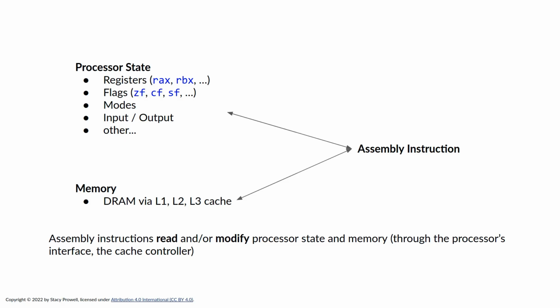Protected mode is just the mode that gives you memory protection, which you need for basic security. And there's DRAM, and the DRAM is accessed by the L1, L2, L3 cache and some other pieces in there as well. And an assembly instruction can, again, read and write processor state, read and write memory. That's really all it can do.